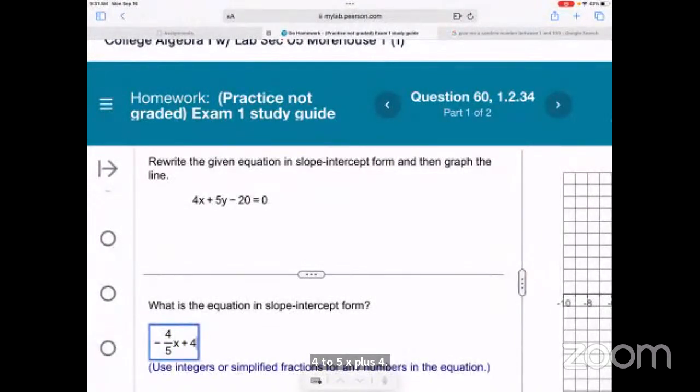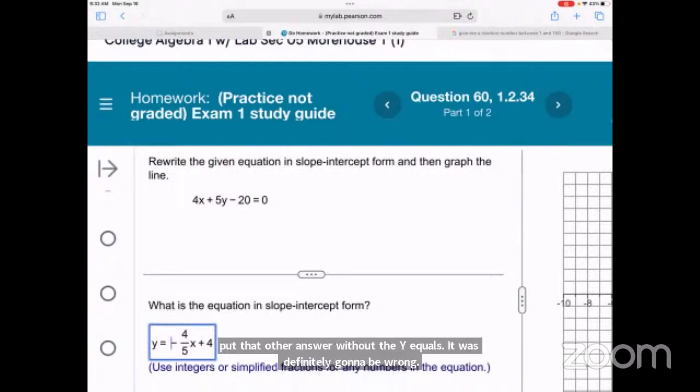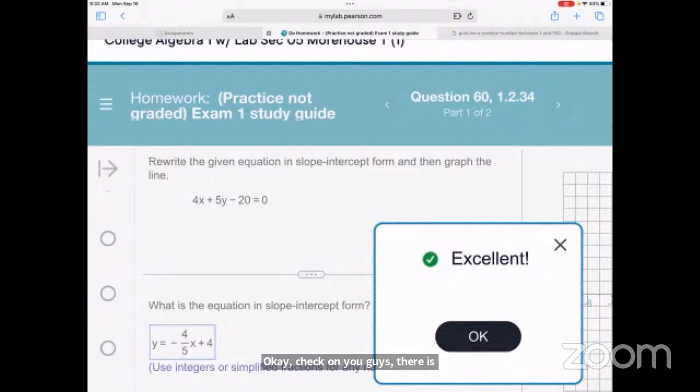So if it's an equation, that means we need the equal sign. So y equals, again, follow. If we had put that other answer without the y equals, it was definitely going to be wrong. Okay. Let me check on you guys. There is a question. I'll check that in just a moment.